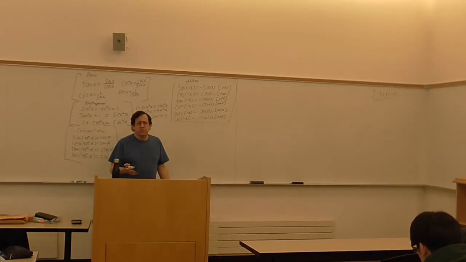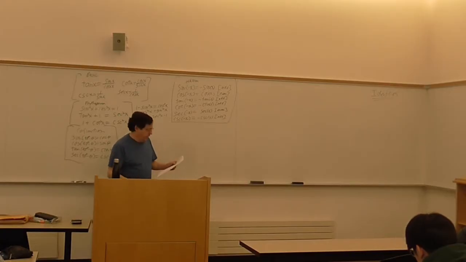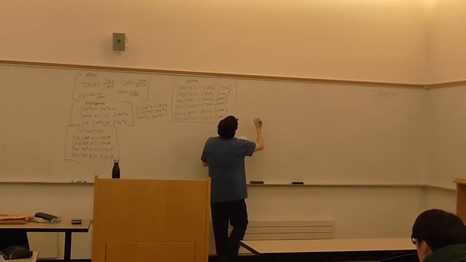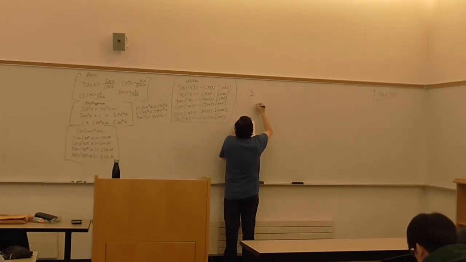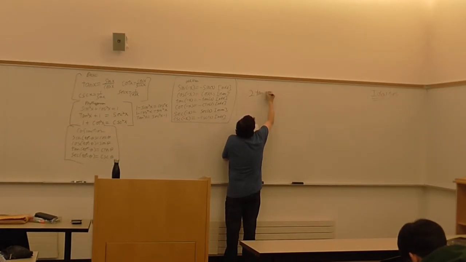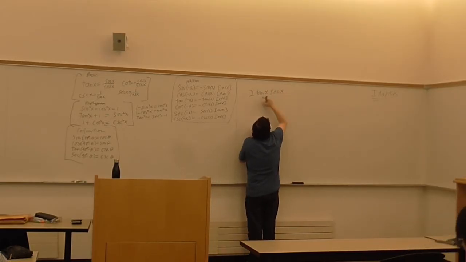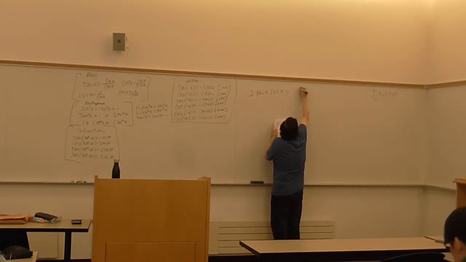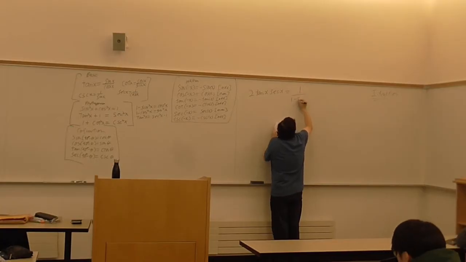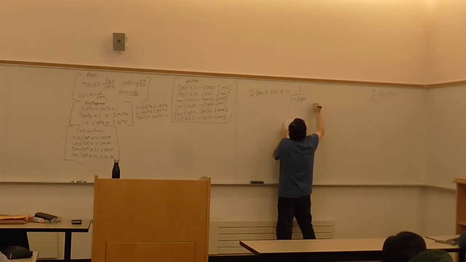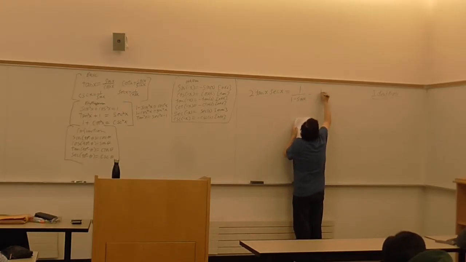This next example is not quite as straightforward. It requires a little more intuition or guesswork. We're going to look at 2 tangent x secant x equals 1 over 1 minus sine of x minus 1 over 1 plus sine of x.